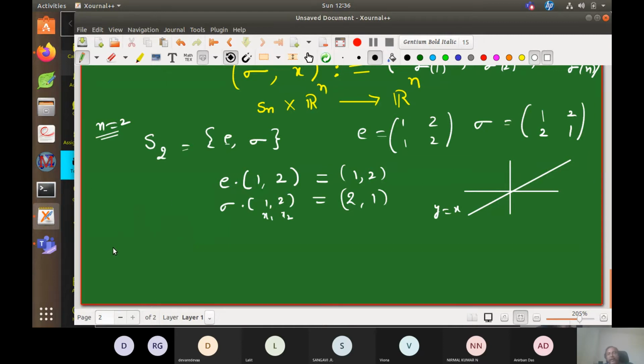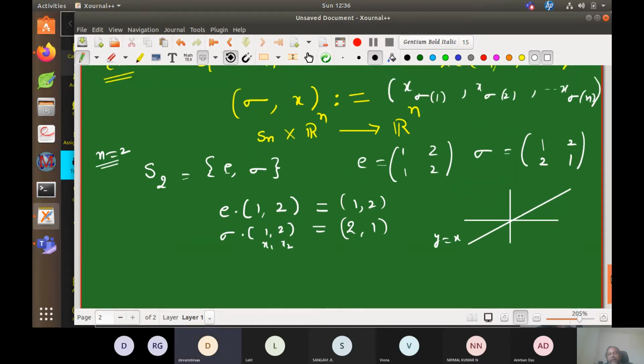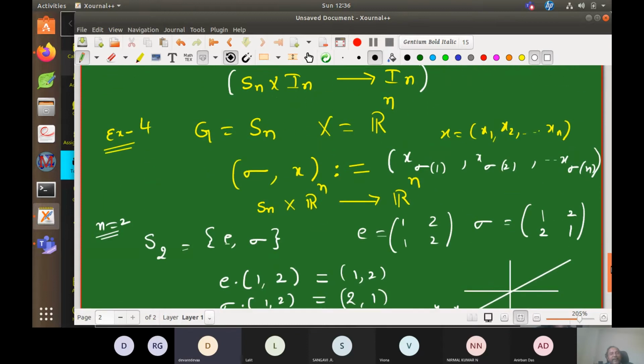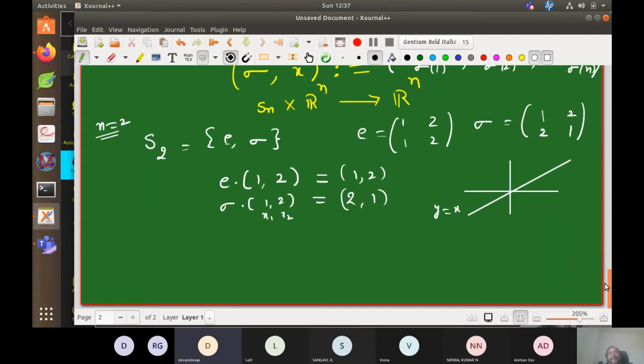So any comments till now? Sir, I can think of another practical example for group action. Think of two switches in parallel.